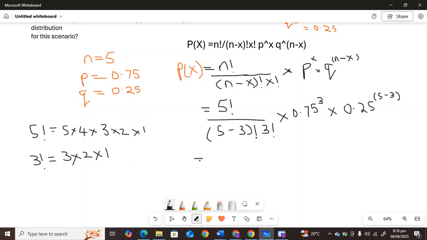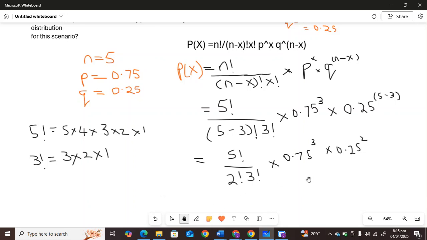Okay, so if we simplify, this is going to be 5 factorial over 5 minus 3, that is 2 factorial, over 3 factorial, multiplied by 0.75 to the power 3, multiplied by 0.25 to the power 2.